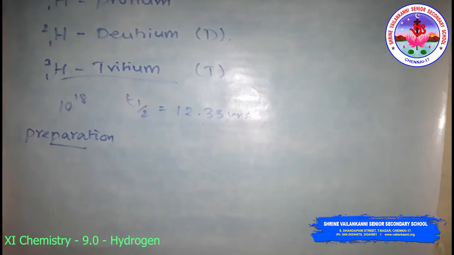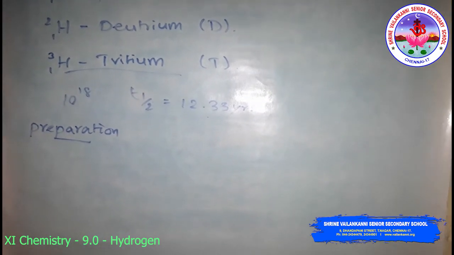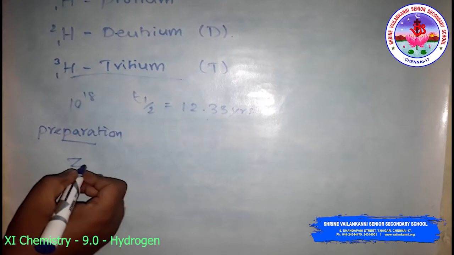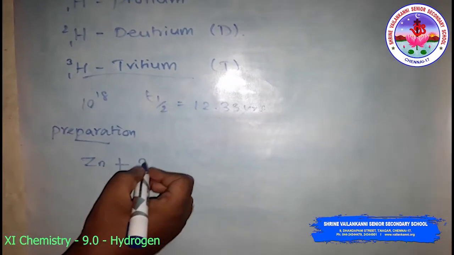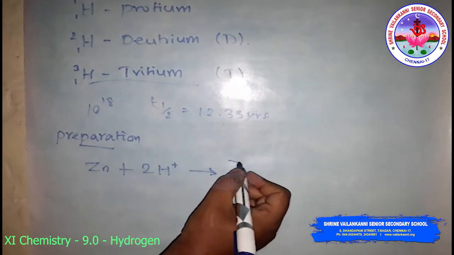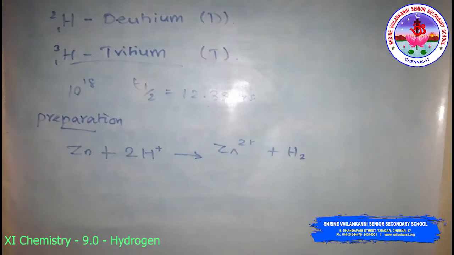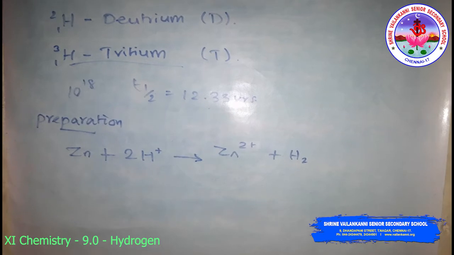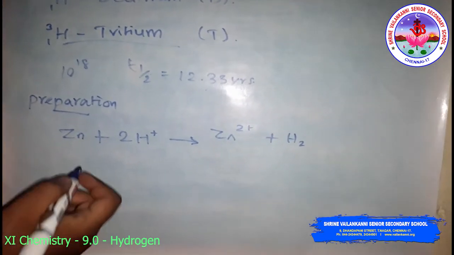First, the laboratory preparation of dihydrogen: granulated zinc reacts with dilute acid to produce hydrogen gas. So this is one method, and it is also prepared by the reaction of zinc with aqueous alkali.